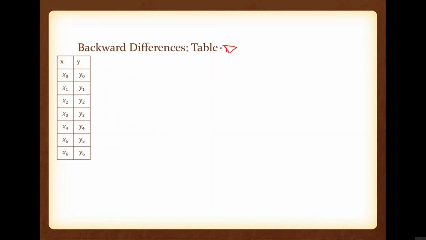This is not delta, it is del. So backward difference is represented by del, which means the symbol is the mirror image of delta. This is forward difference and this is backward difference.